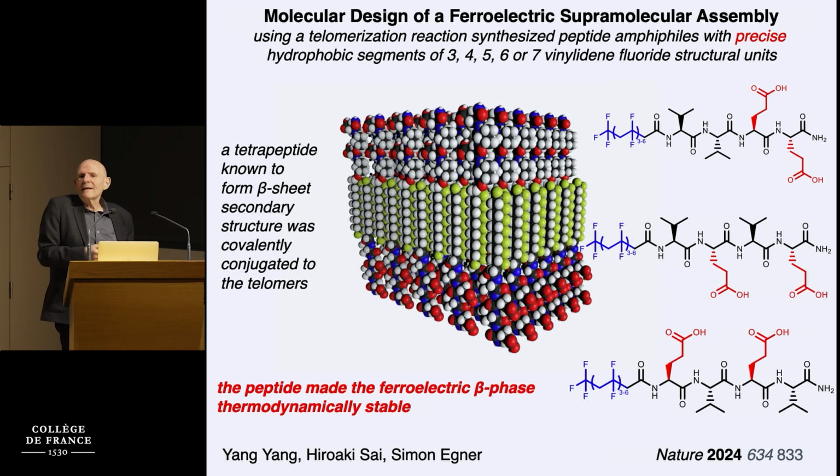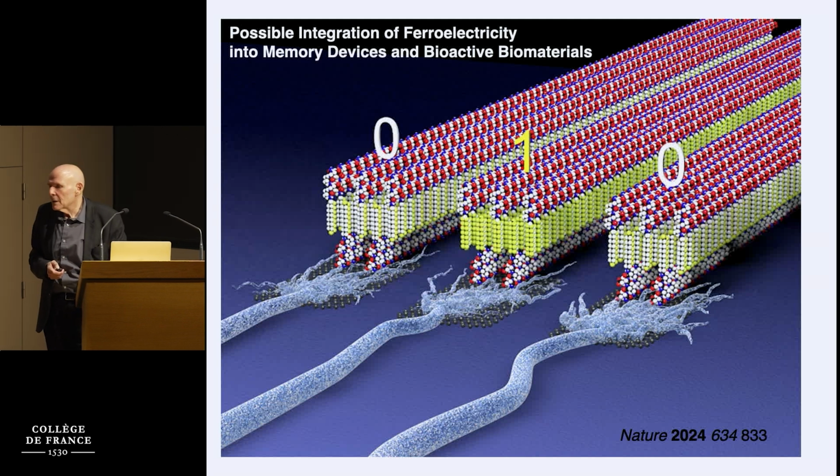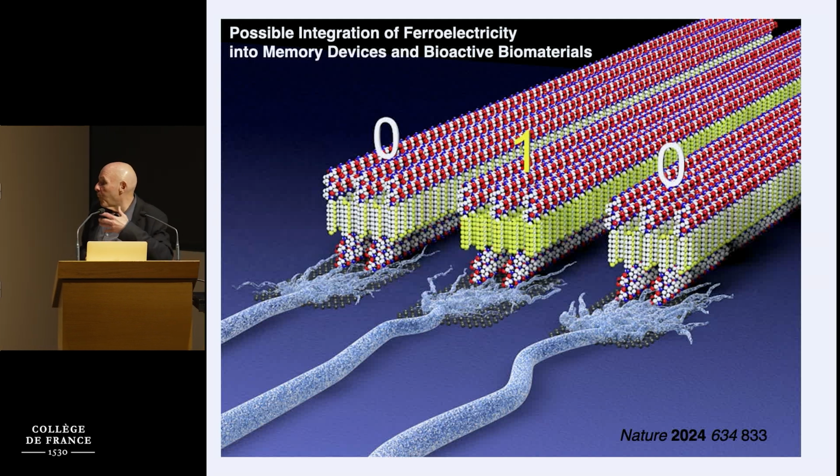Now, what does this have to do with the rest of the lecture? Well, the reason this is important is because of this cartoon right here. Because it turns out that neurons respond, and maybe other cells as well, but neurons definitely respond to electrical signals, and they benefit from the presence of a polar structure.